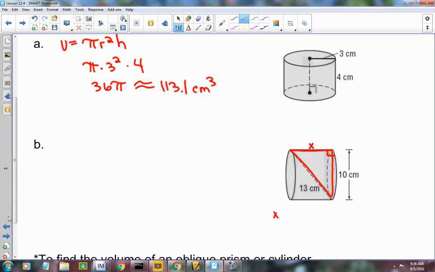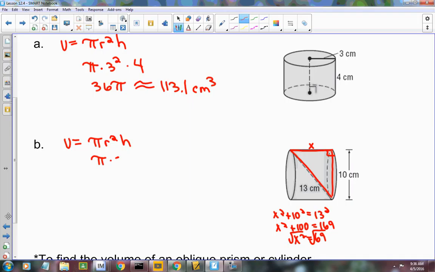So I'm going to do x squared plus 10 squared equals 13 squared. X squared plus 100 equals 169. Take the square root, radical 69 is my height. Okay? So we come back over here, my volume is pi r squared times the height. What's my radius? 5.